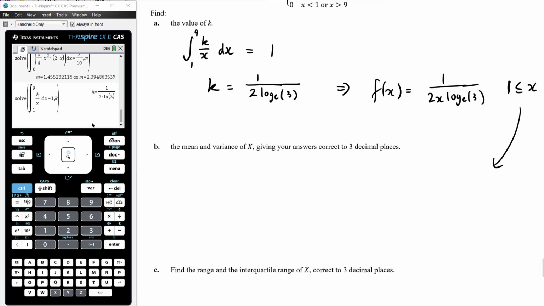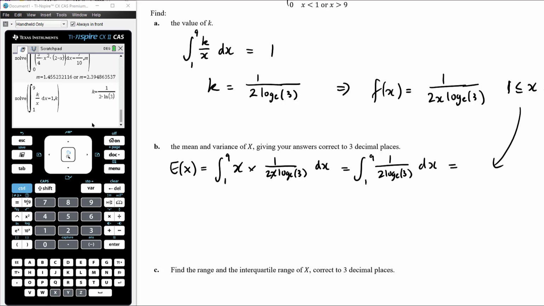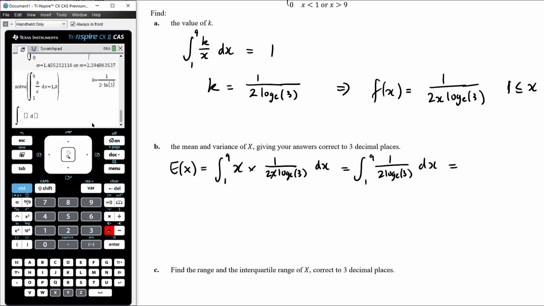Okay, so find the mean. The expected value of x is the integral from 1 to 9 of x times 1 on 2x log e of 3. You notice the x's will actually cancel out there, so it's the integral from 1 to 9 of 1 on 2 log e of 3, which is the integral from 1 to 9 of k.